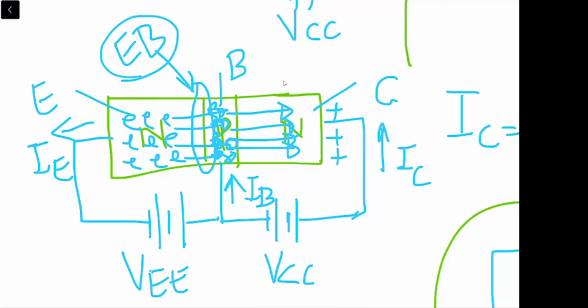So if this transistor is made up of silicon, what is going to be the barrier potential for silicon?